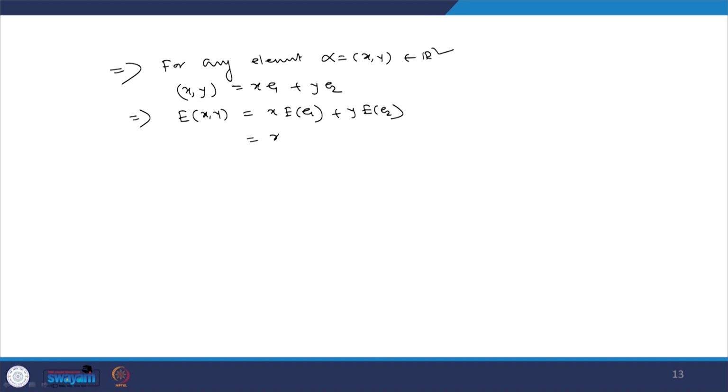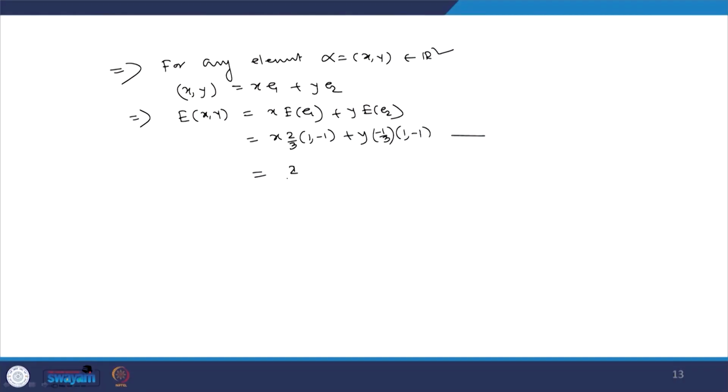This is equal to x times 2 by 3 into (1, minus 1) plus y into minus 1 by 3 into (1, minus 1).